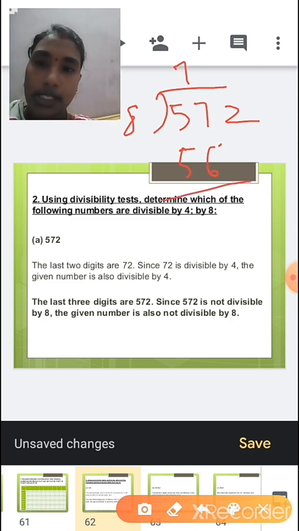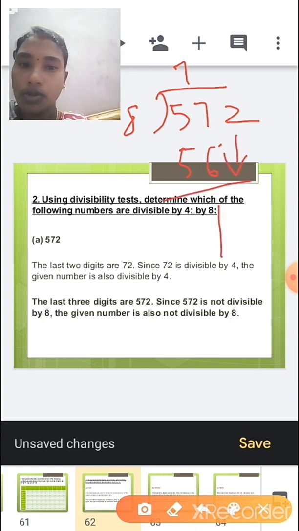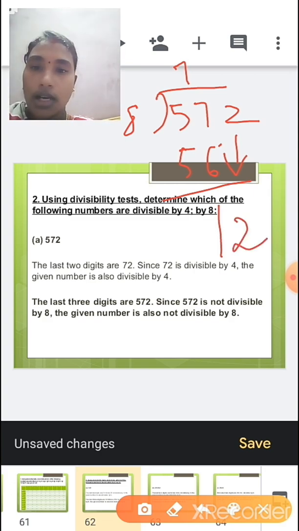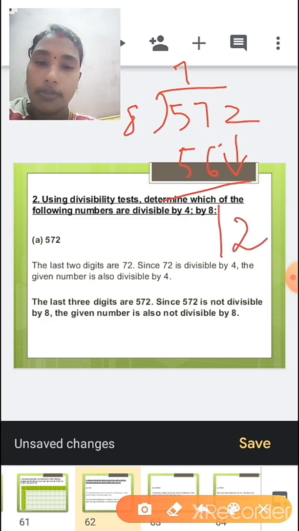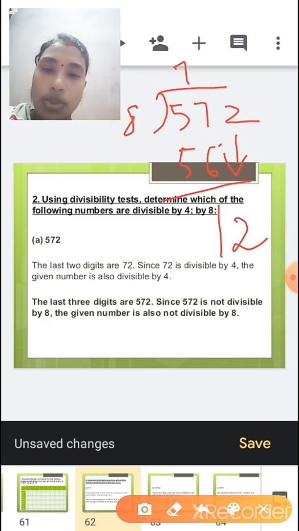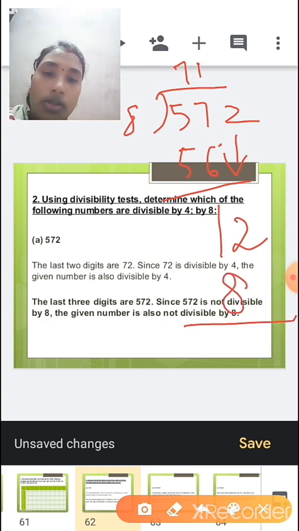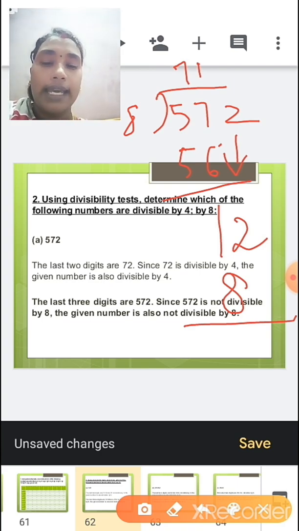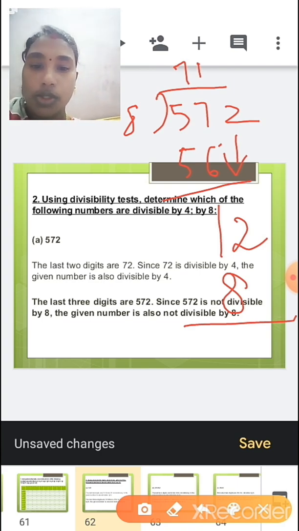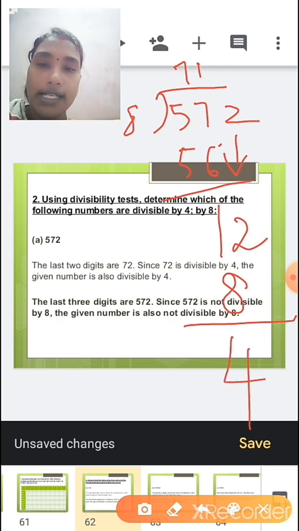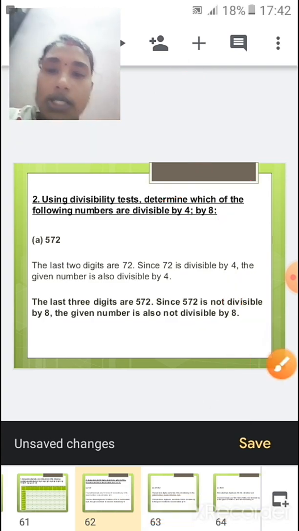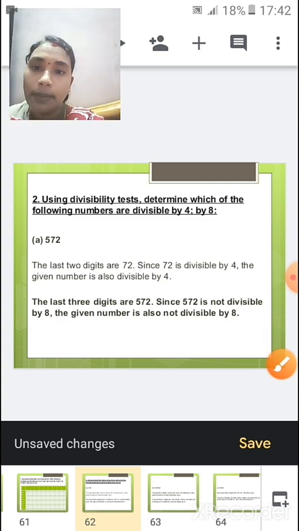So 57 minus 56 will give you 1. So bring down the 2 here, 12. So 8 how many times will go in 12? 8 ones are 8, 8 twos are 16. So 16 is a bigger number, so take 8. So put 1 here, 8 ones are 8. So 12 minus 8 will give you 4. So will 4 go in 8? No. So 572 is not divisible by 8. 572 is divisible by 4 and it is not divisible by 8.